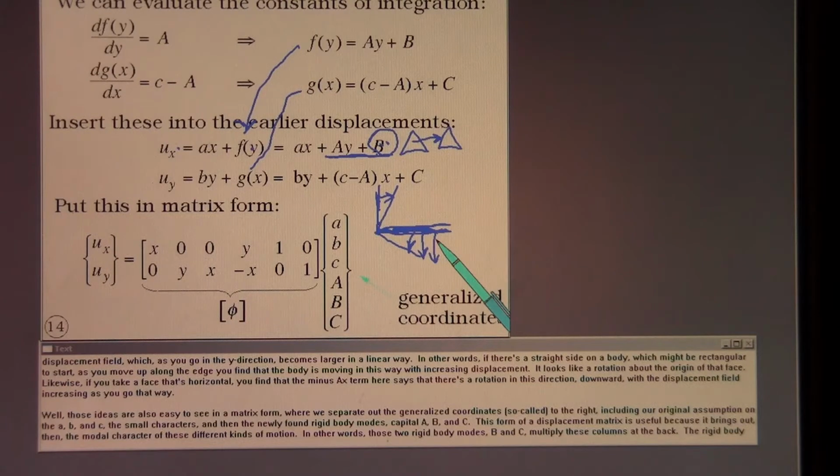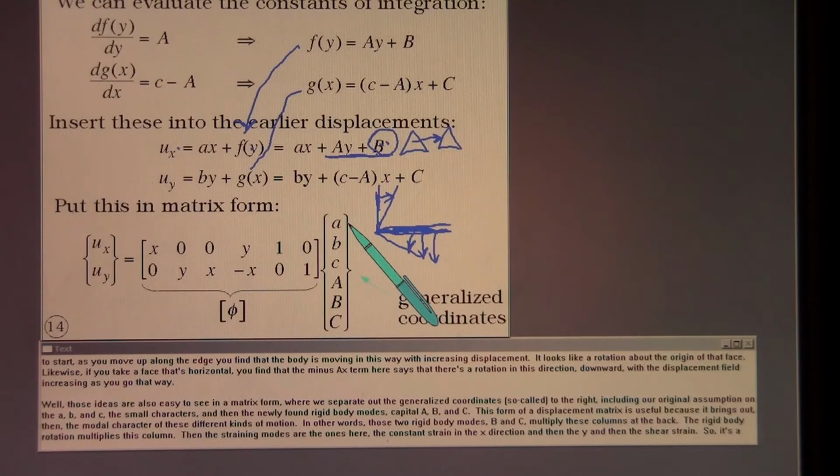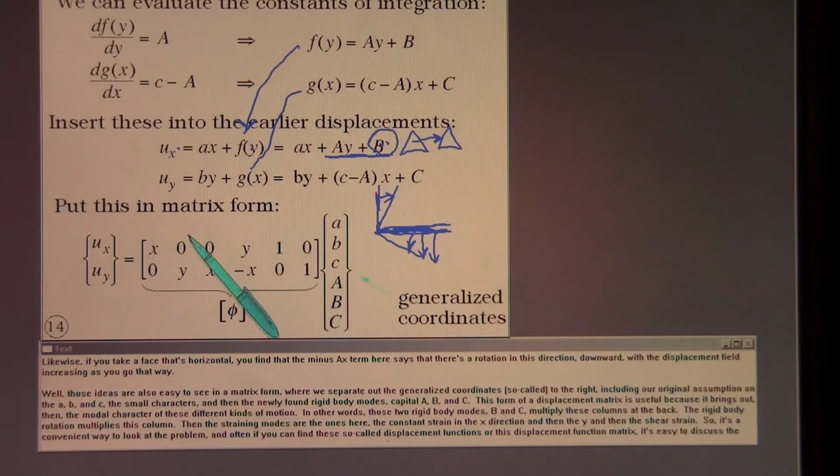Those ideas are also easy to see in a matrix form where we separate out the generalized coordinates, so-called, to the right, including our original assumption on the a, b, and c, the small characters, and then the newly found rigid body modes, capital A, B, and C. This form of a displacement matrix is useful because it brings out the modal character of these different kinds of motion.